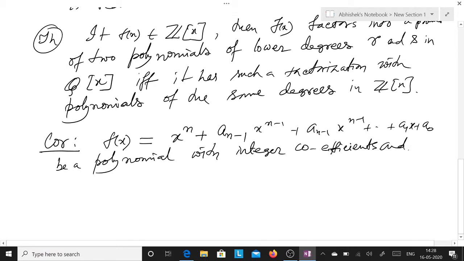And let us suppose that the constant coefficient is non-zero.